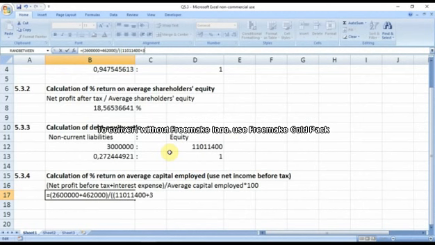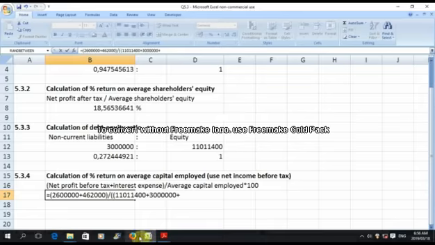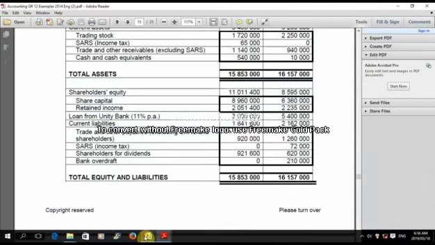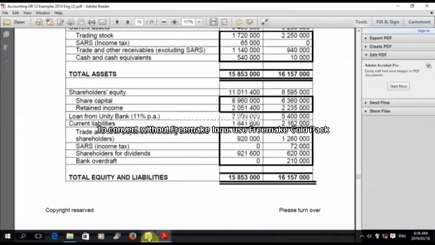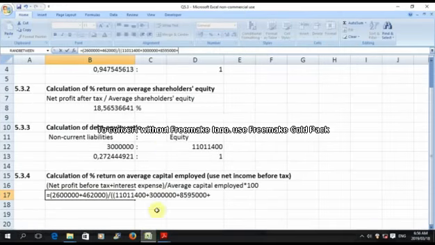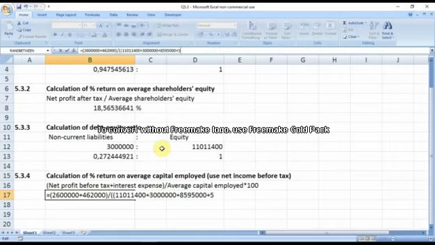So 11,011,400 plus 3 million. Then for the other year, we have 8,595,000. To that we still have to add the loan, which is 5,400,000. And we have to divide by 2 to get the average.